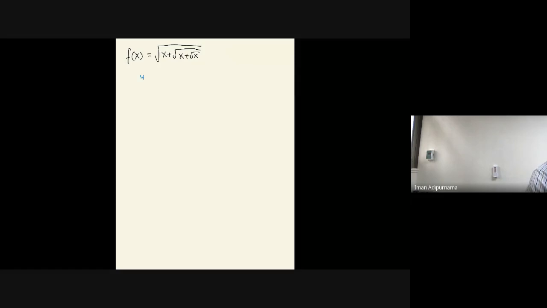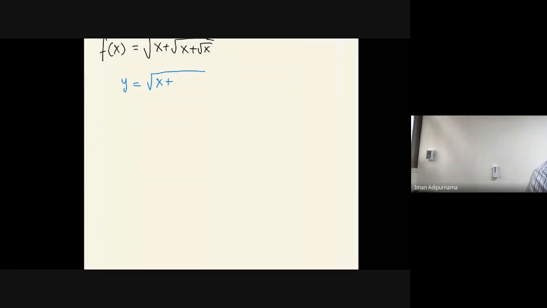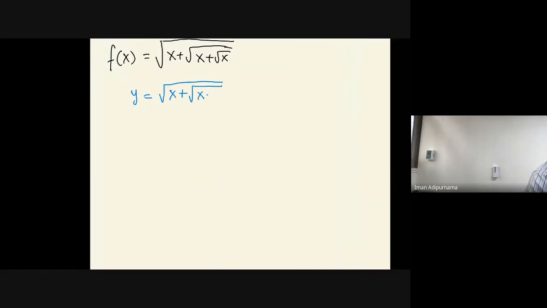So if we have y, I need to remove the square root. It will probably be easier to solve, so let's square both sides.